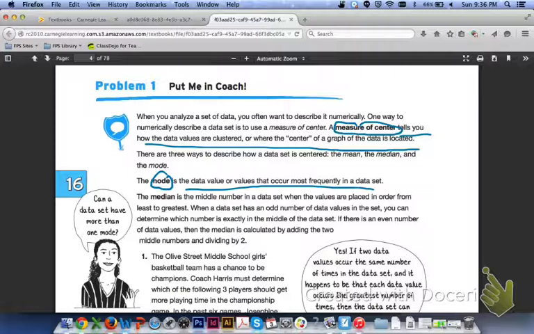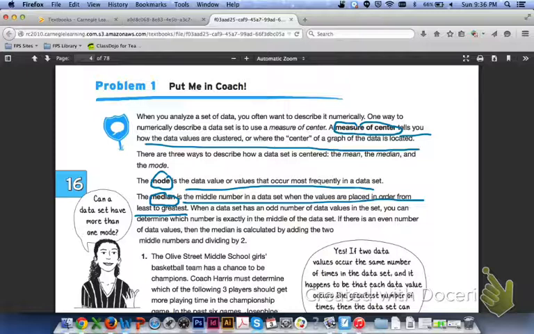The median is the middle number in a data set when the values are placed in order from least to greatest. So when a data set has an odd number of data values, you can determine which number is exactly in the middle of the data set. If there's an even number of data values, then the median is calculated by adding the 2 middle numbers and dividing by 2.